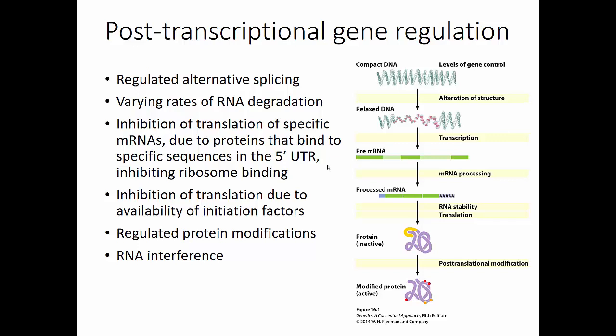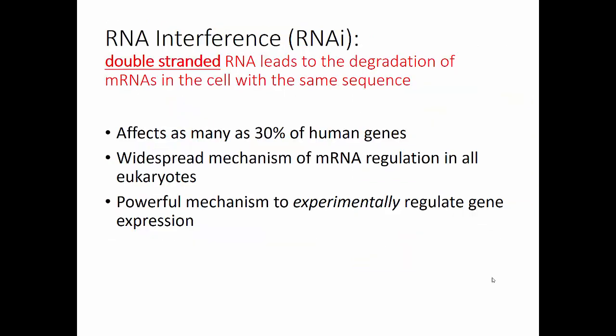And then there's various mechanisms of regulating whether that messenger RNA is translated. One of the big mechanisms in eukaryotes that regulate whether a messenger RNA is translated is something called RNA interference. And then finally, there are regulations of the protein itself once it is translated, things like phosphorylation.